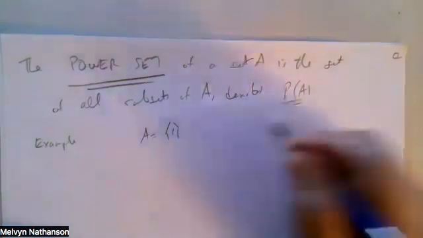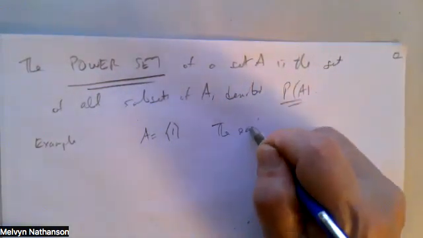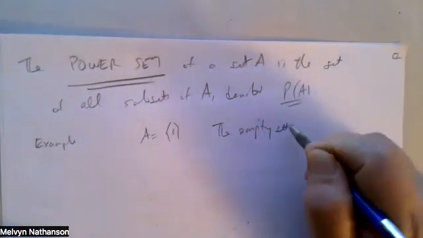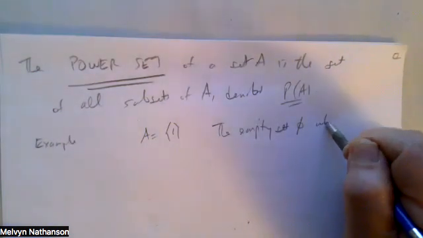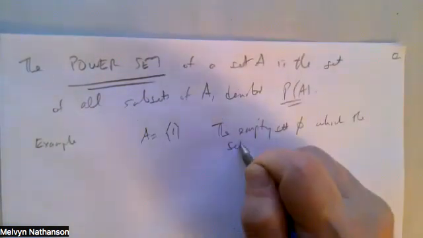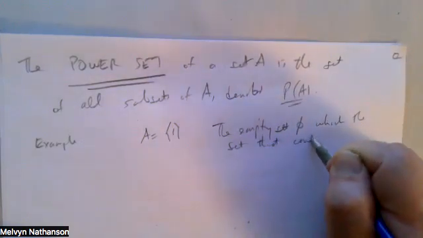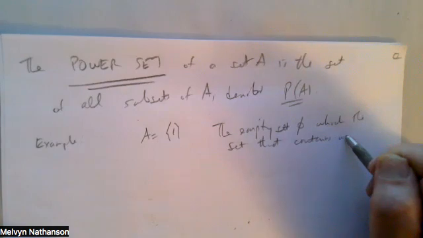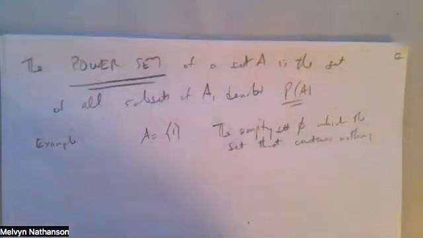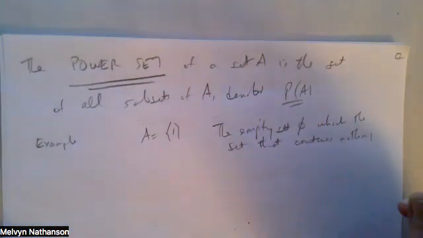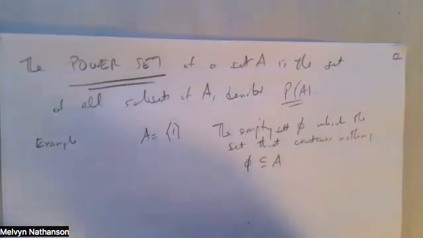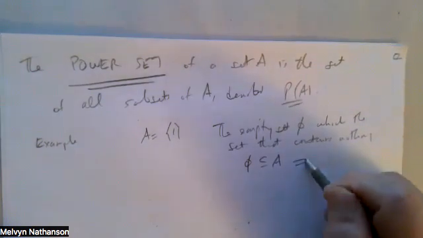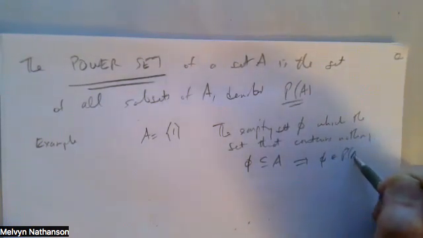So first of all, there is the empty set, which is always denoted by a symbol that looks like this, the set that contains nothing. There's nothing in the set. And so for every set A, the empty set is a subset of A, always. So the empty set is always in the power set of A.